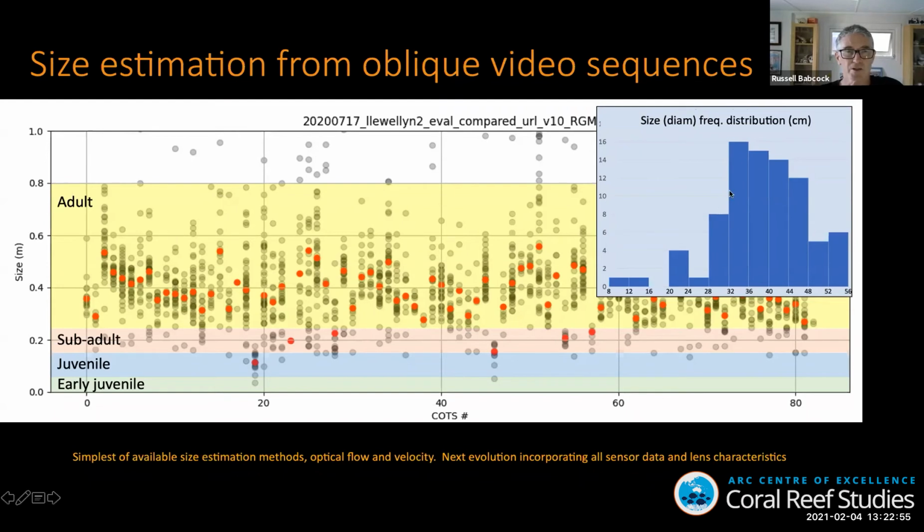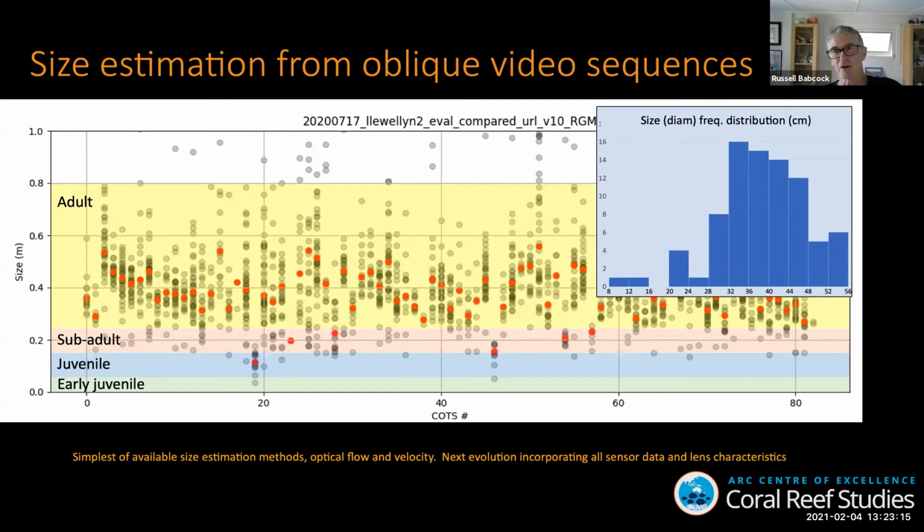So these size estimates were fairly crudely derived as a first pass by looking at the dimensions of the box that delimits starfish in those frames. Each frame is slightly different. So a median size was derived from that.